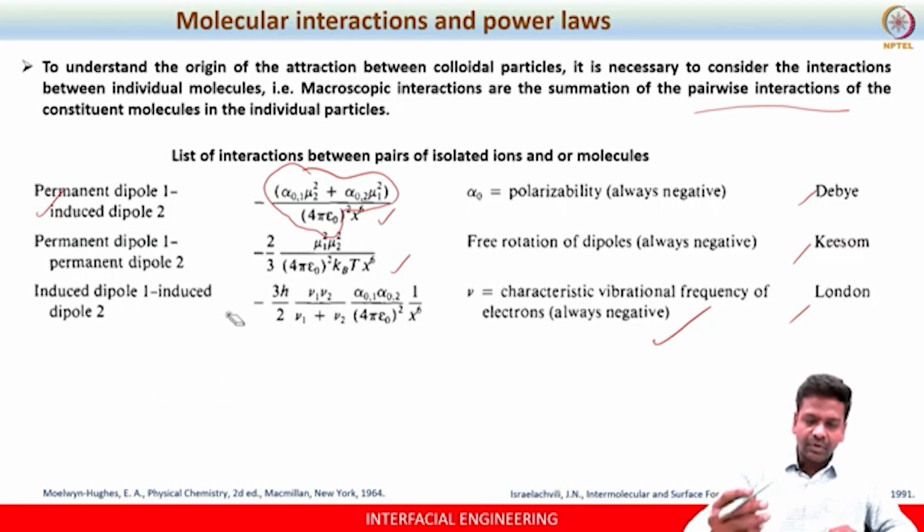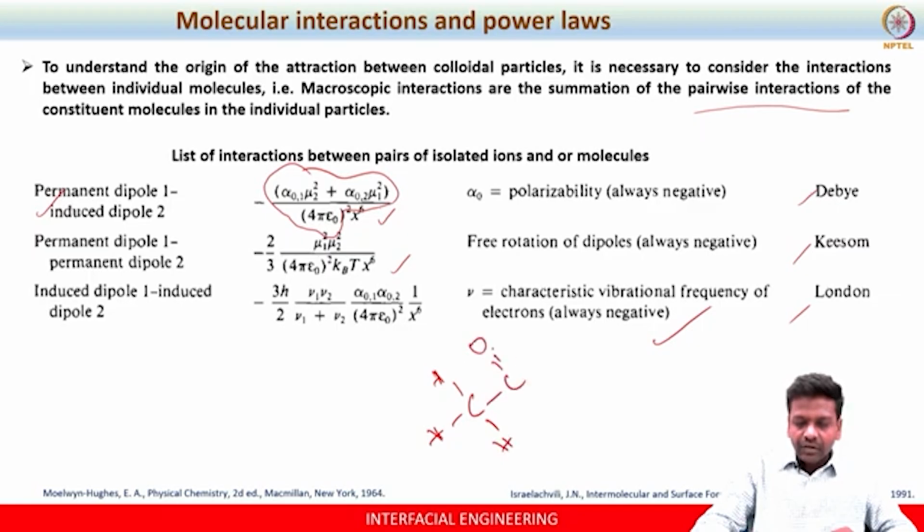If you take an example of acetaldehyde, it has a C double bond O within it. Because the oxygen has more electronegativity, it will hog more electrons towards itself.